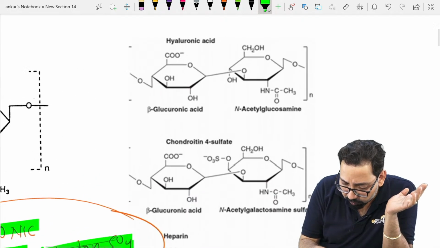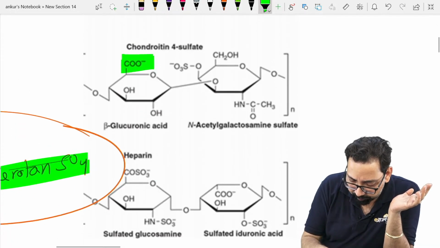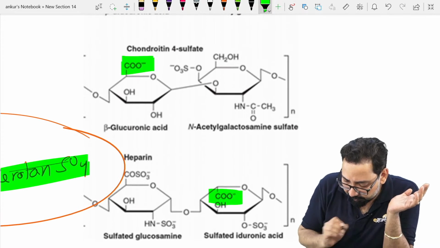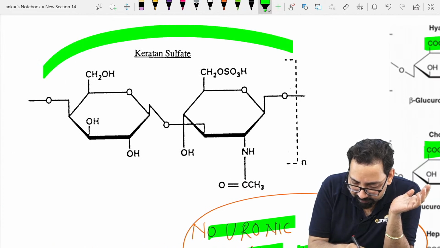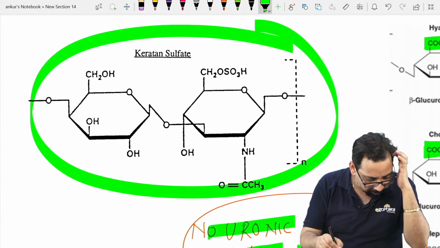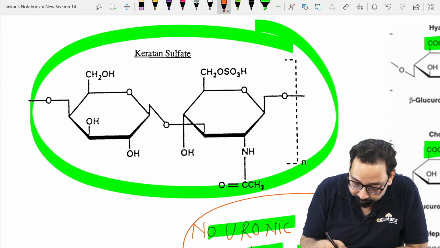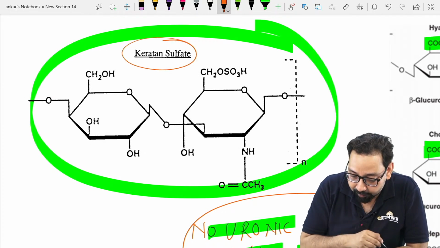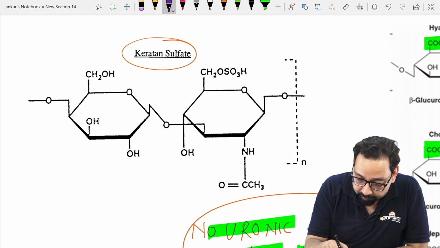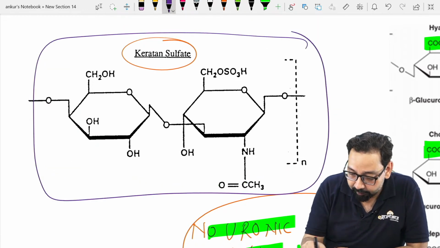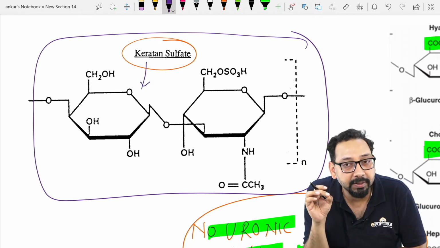If I ask you, is there any acid in this structure? Please reply yes or no. Keratan sulfate, no acid. So this is keratan sulfate, no acid, that's why it is keratan sulfate.